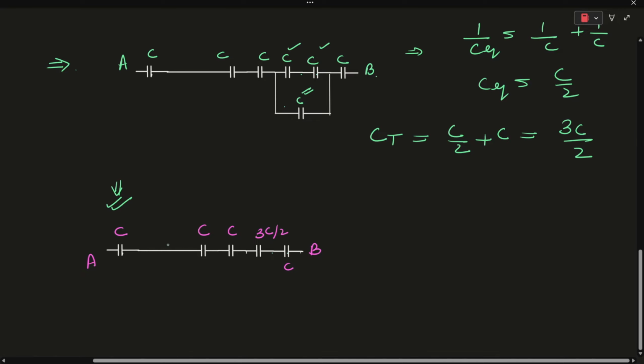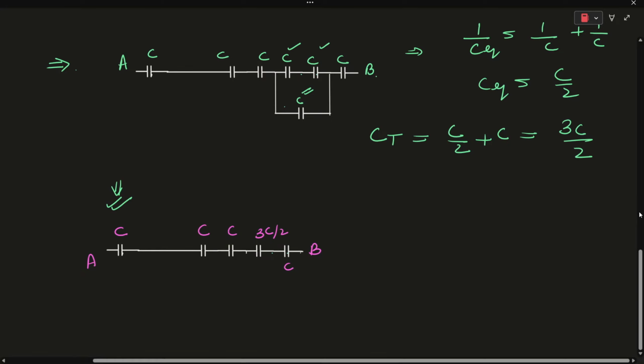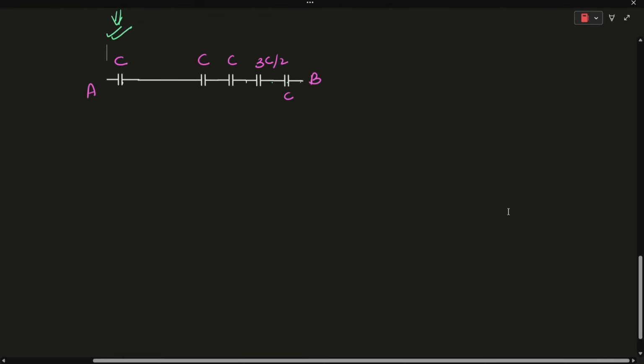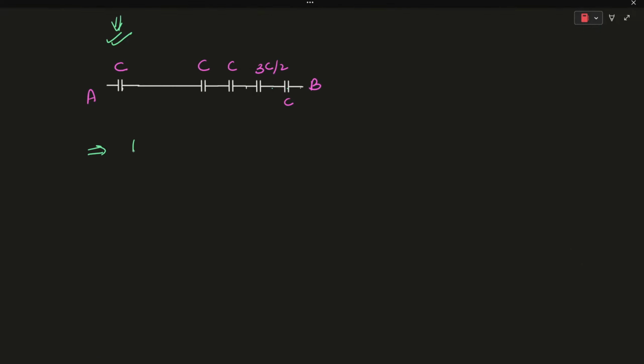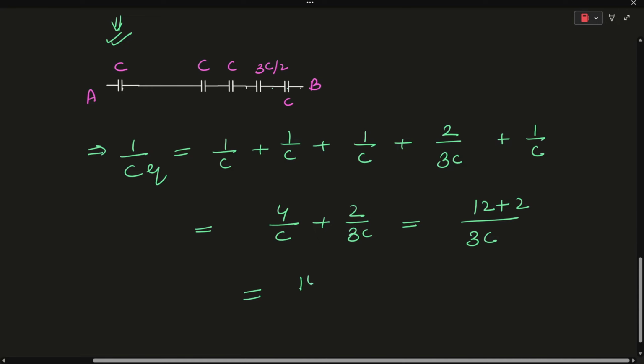As you can see, all these 5 capacitors are connected in series with each other. It means that 1 by C equivalent will be equal to 1 upon C plus 1 by C plus 1 by C plus 2 upon 3C plus 1 by C. It is coming out to be 4C plus 2 upon 3C, which is 14 upon 3C.